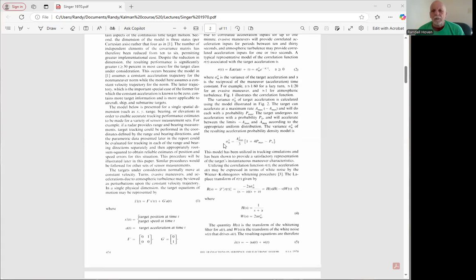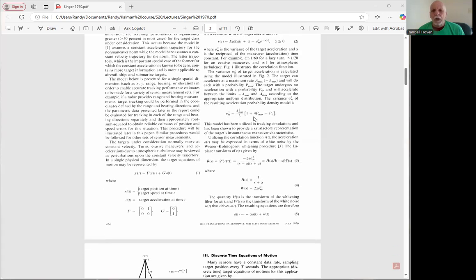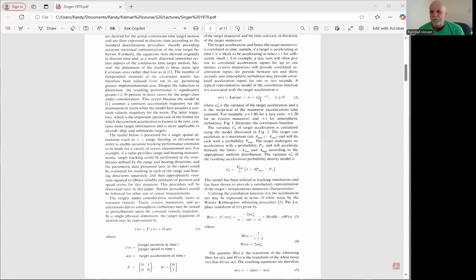Here's a funny one. How do you model this sigma sub m? That's the maneuver variance of the targets. How do we know what that ought to be?